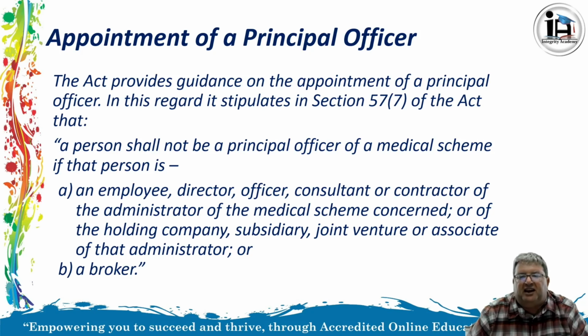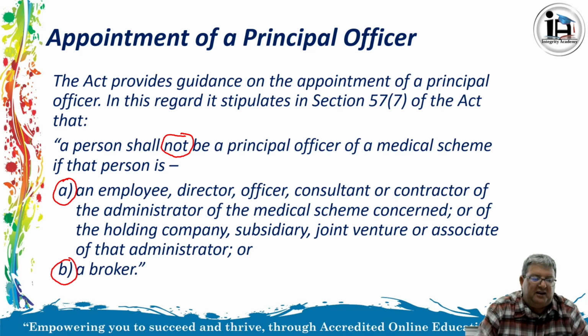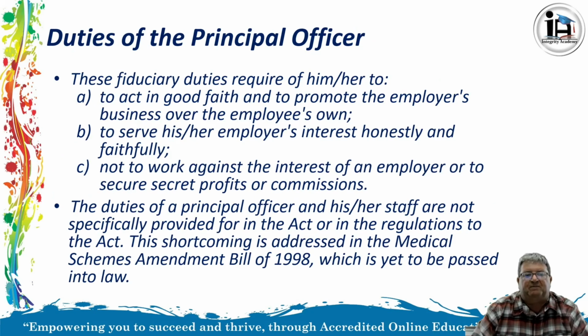In this regard, it stipulates in Section 57, subsection 7 of the Act that a person shall not be a principal officer of a medical scheme if that person is A, an employee, a director or officer, a consultant or a contractor of the administrator of the medical scheme concerned, or of the holding company, subsidiary, joint venture, or associate of that administrator, or if you are number B, a broker, then you are not allowed to be a principal officer of a medical scheme.